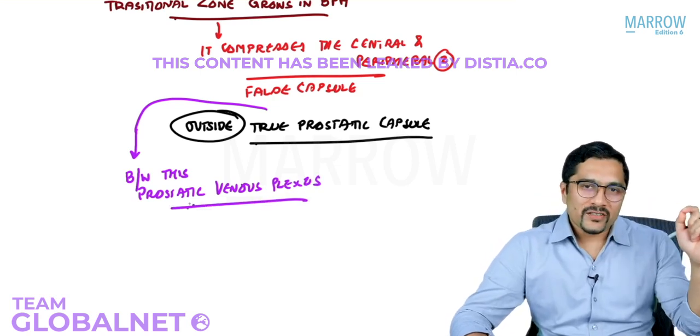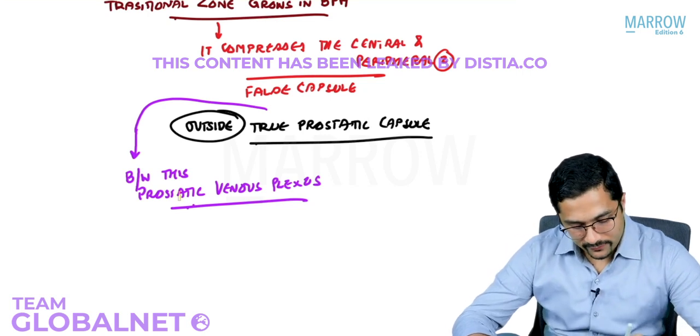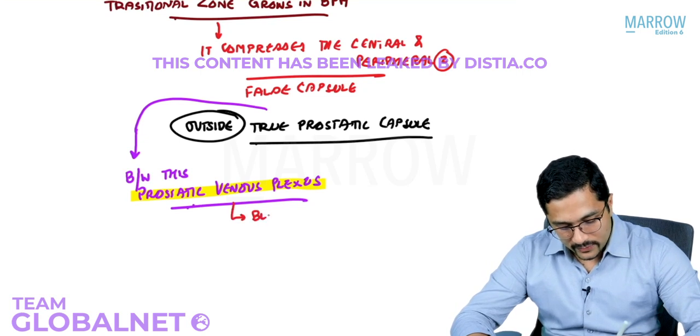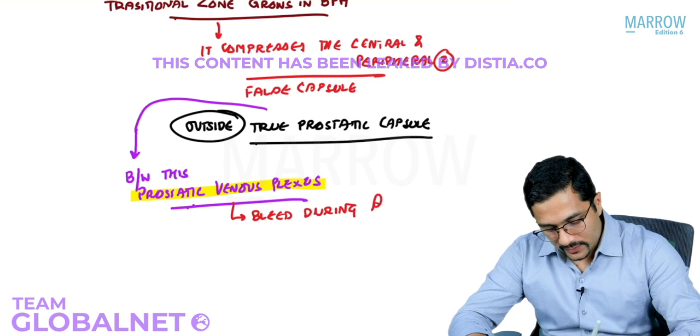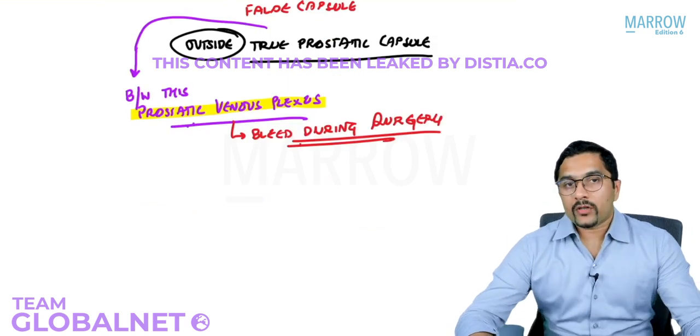So between the true and the false capsule lies the prostatic venous plexus, and the significance of this prostatic venous plexus is that it can bleed during surgery. So that is another important thing you need to know.